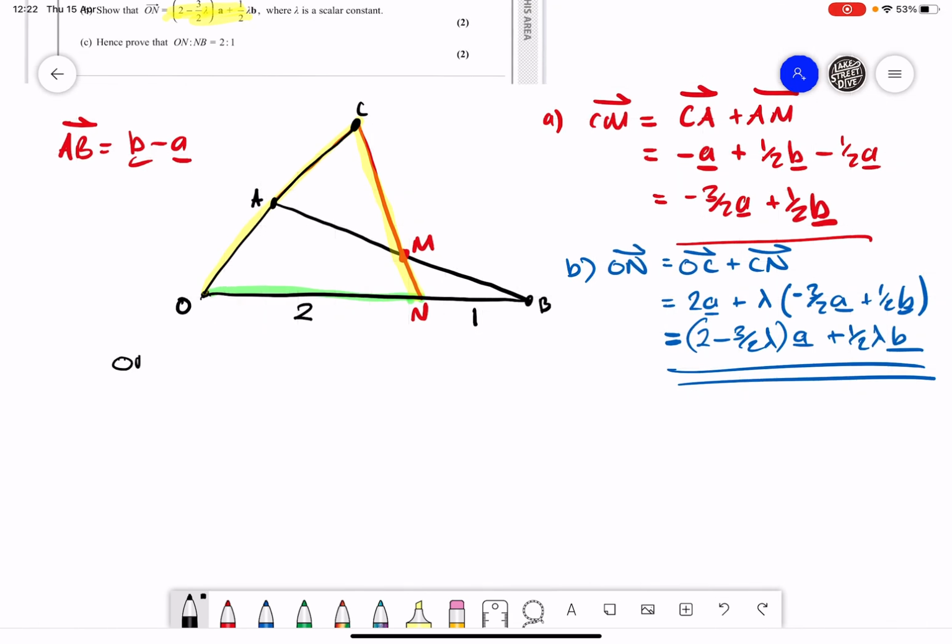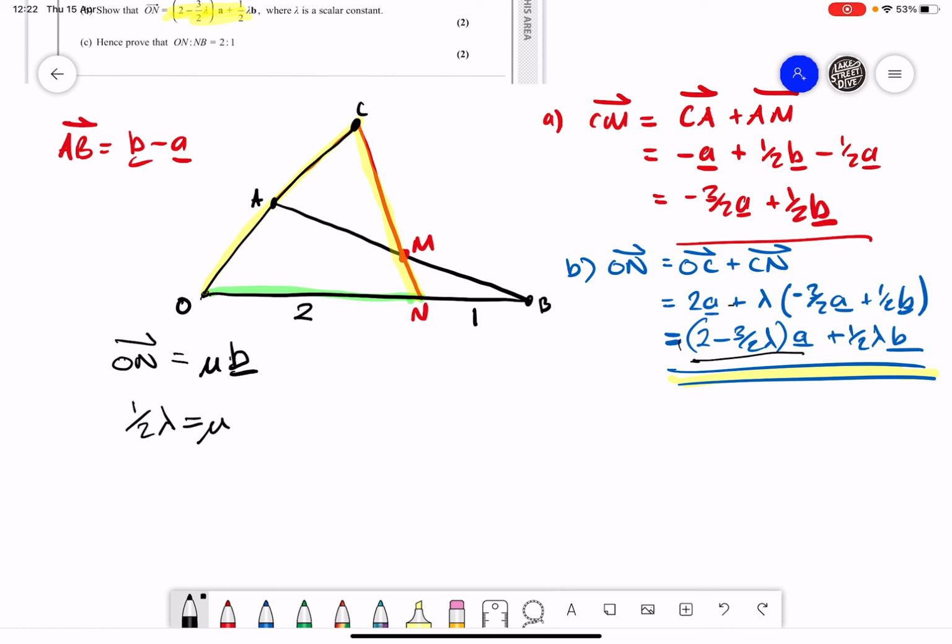ON, we already know that it's this over here, but it's also equal to some multiple of B, because it's just along that line. That means that a half lambda equals mu, because there's no A section part to it.